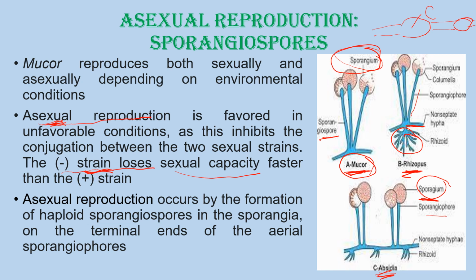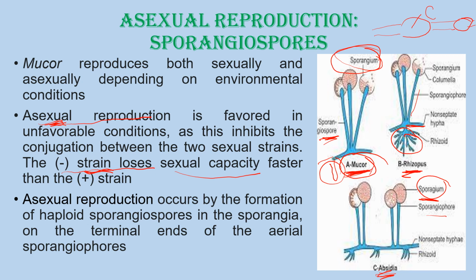The same mycelium penetrates the substratum, and this mycelium is just a mycelium, not a highly branched rhizoid. So this is the basic vegetative structure difference between mucor and rhizopus. Otherwise, the sporangiospores are produced almost in a similar way.